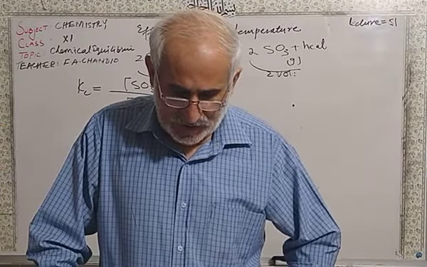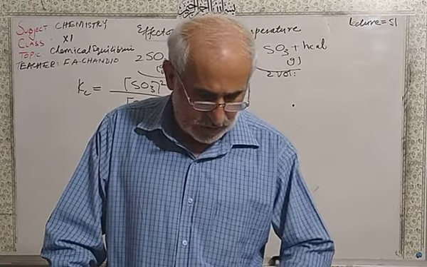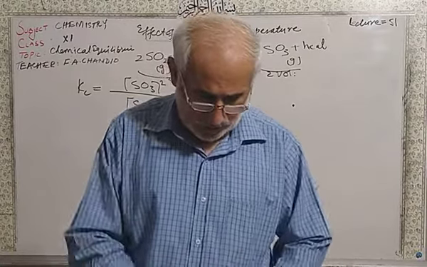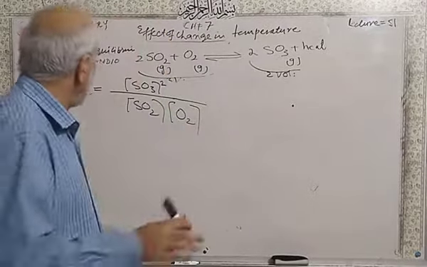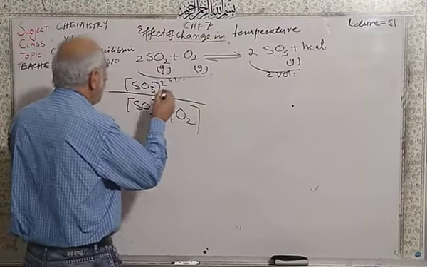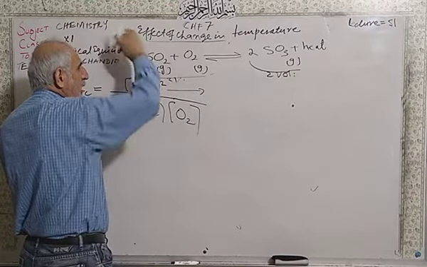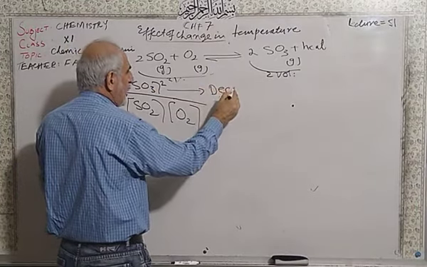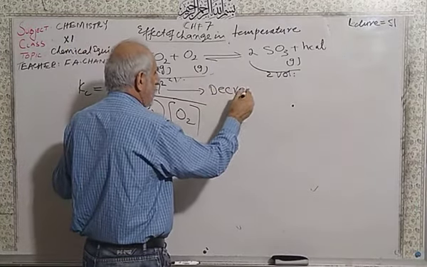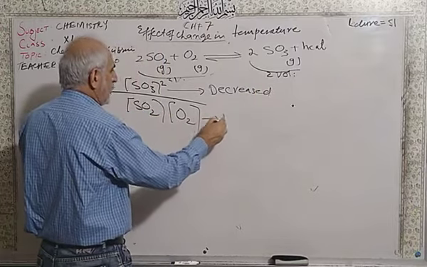If you are going to see this equation, what happens if you increase the temperature here? The system will move towards the left side, and the concentration of sulfur dioxide is going to be decreased, not increased. In your book, maybe it will increase.